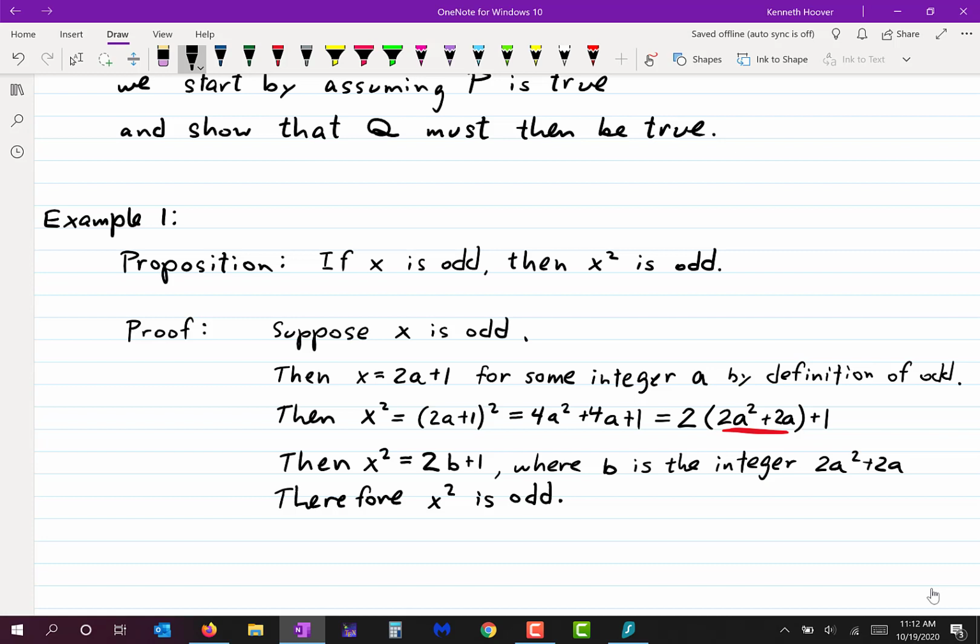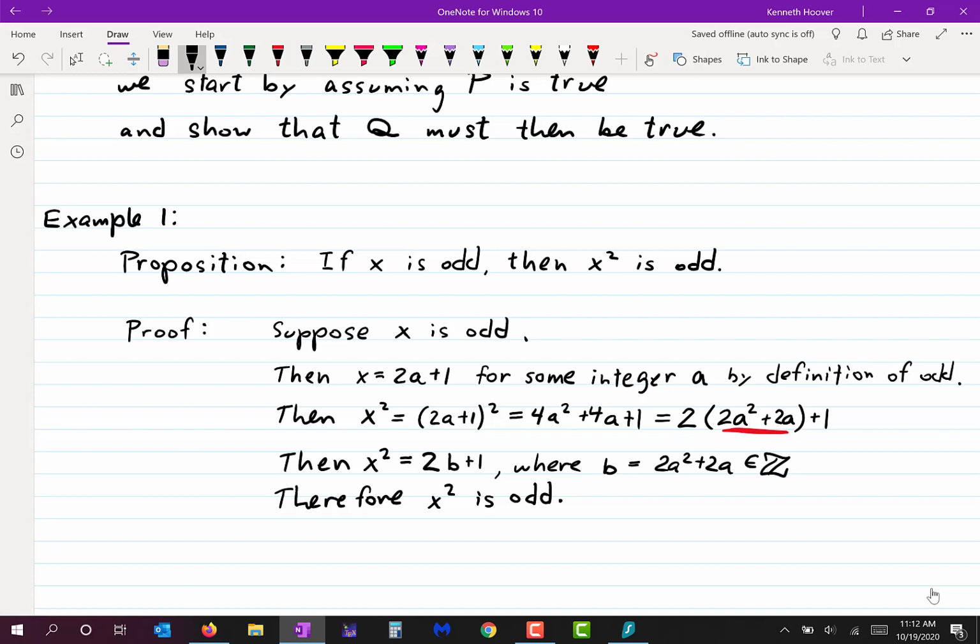Or if you prefer, we could have said where b equals 2a squared plus 2a, which is an integer. You could write it like that, that's fine.